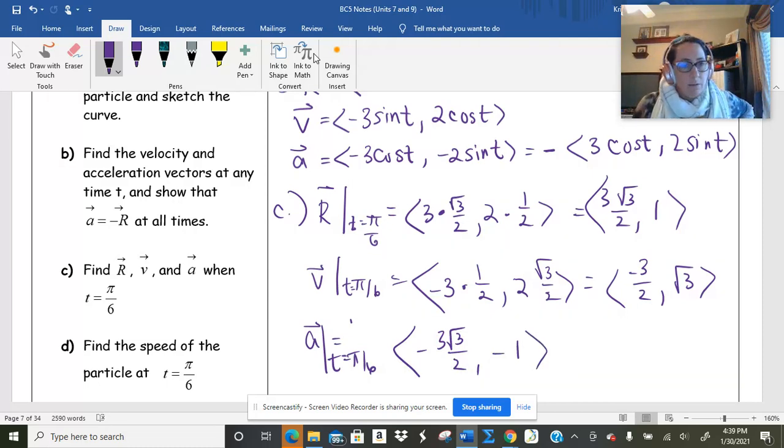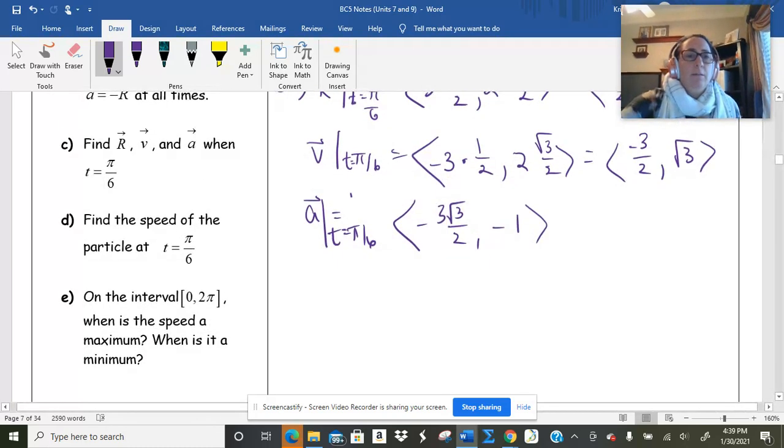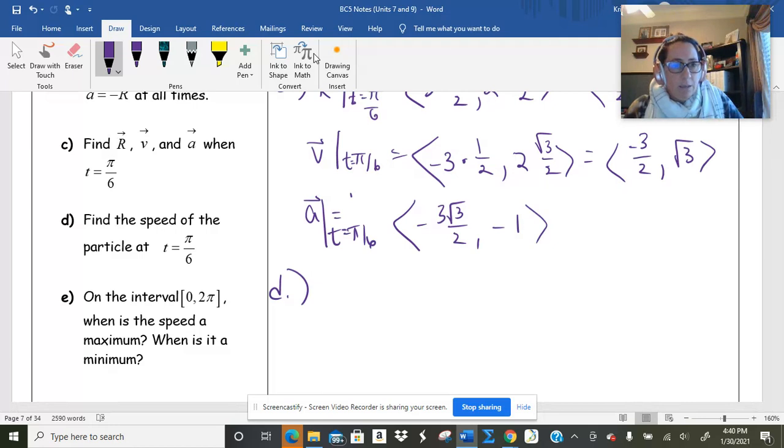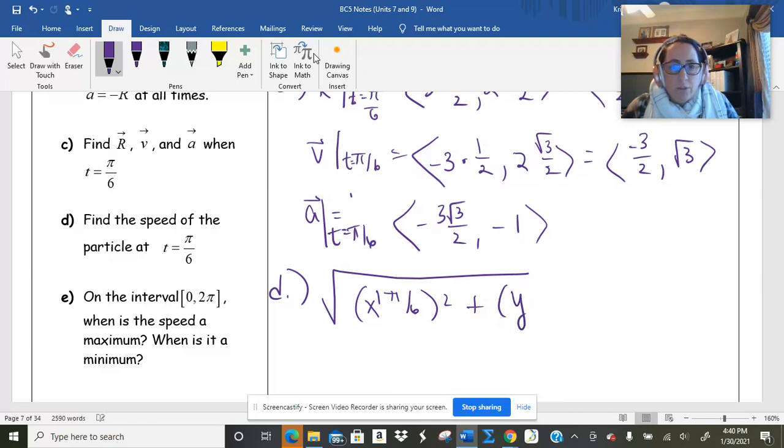Okay, part D, find the speed. So here the speed is the square root of my first derivative of x at pi over 6 squared plus my first derivative of the y part at pi over 6 squared.